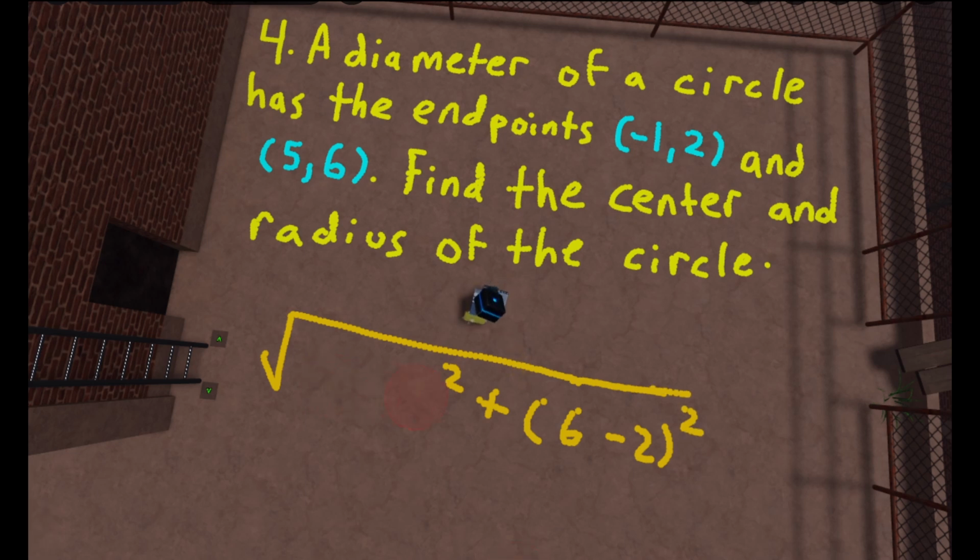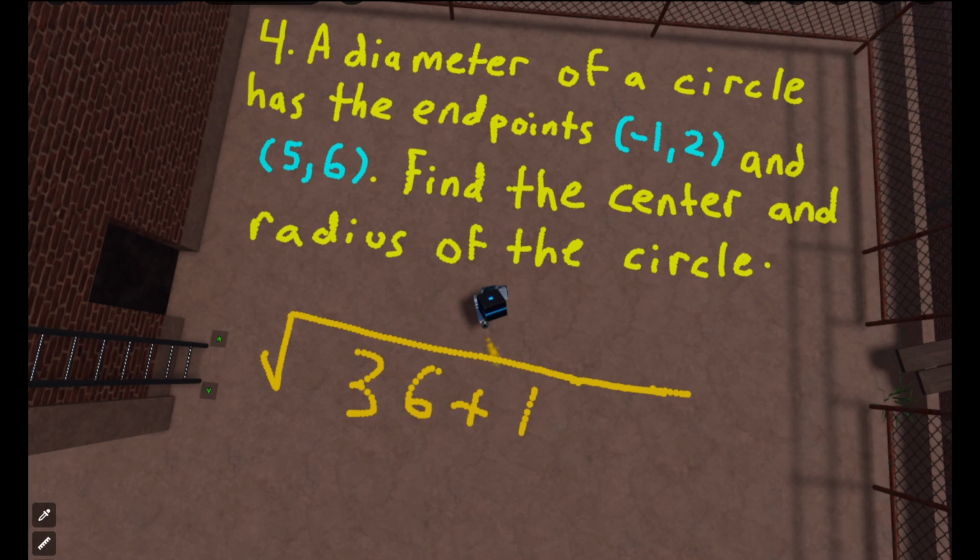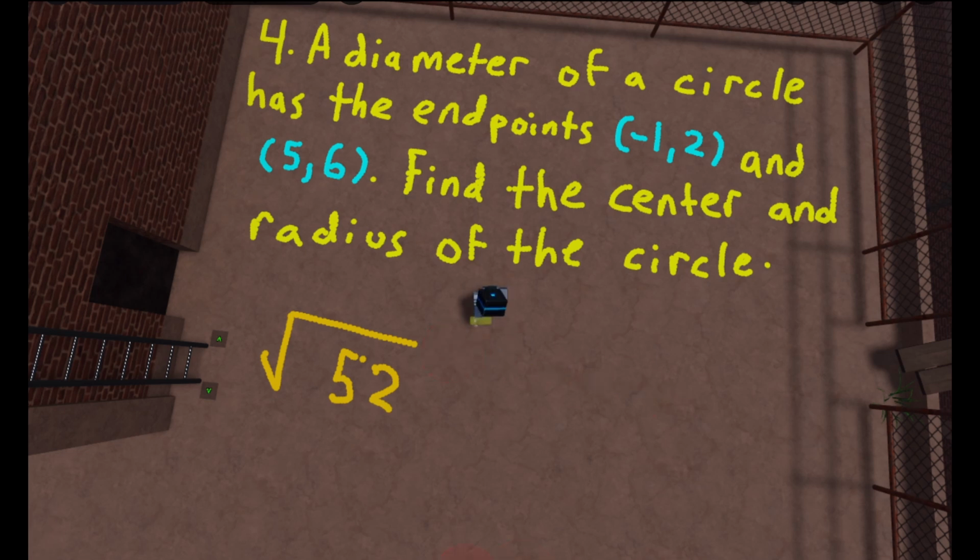5 minus negative 1 is just 6, so I have 6 squared, and 6 minus 2 is just 4, so we have 4 squared. 6 squared is 36, and 4 squared is just 16. And then 36 plus 16 is just 52. So in other words, square root of 52 is the distance between those points. But recall, for the radius, we need to take half of that.